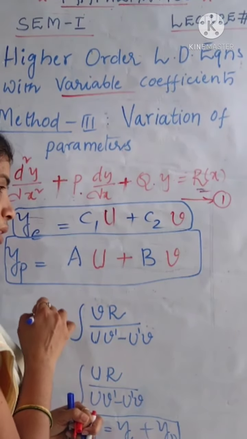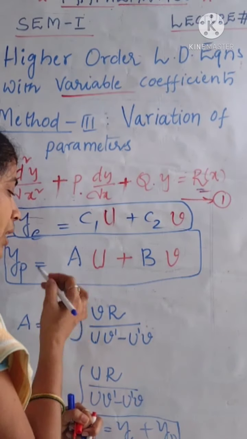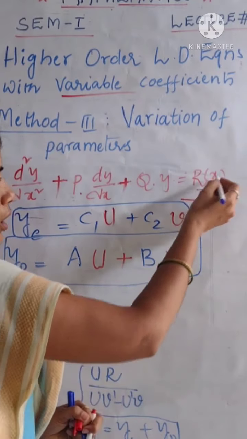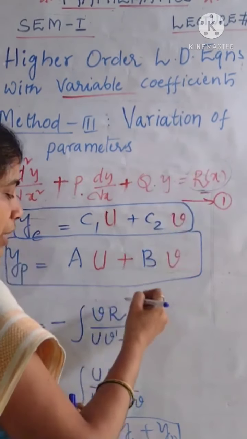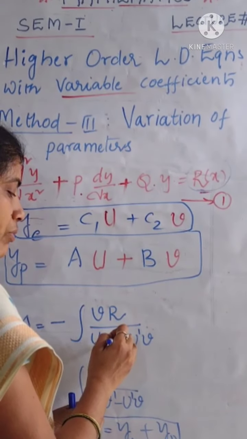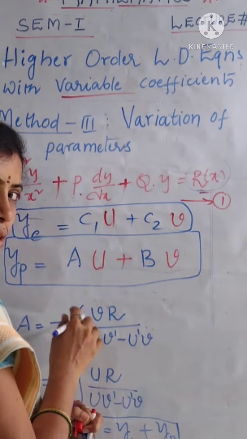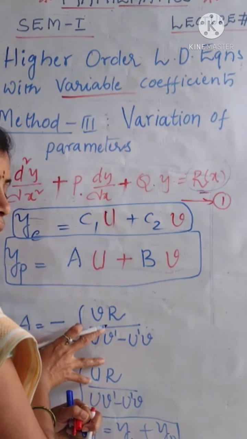How can we find this integral? The value of a is minus integral of v into the right side function r of x divided by u into derivative of v minus derivative of u into v. This is the value of parameter a.